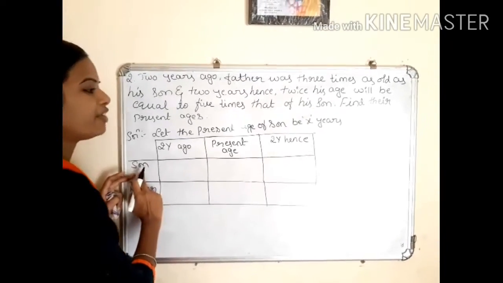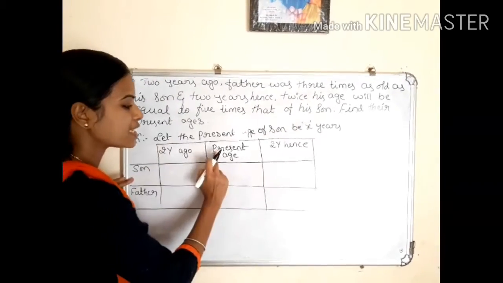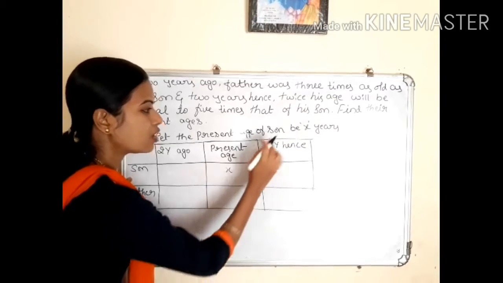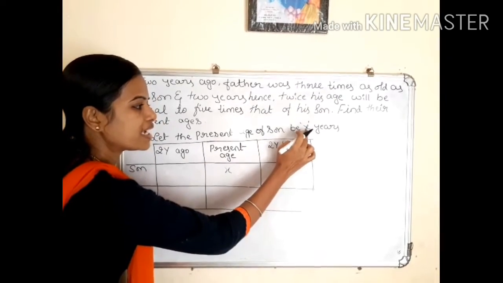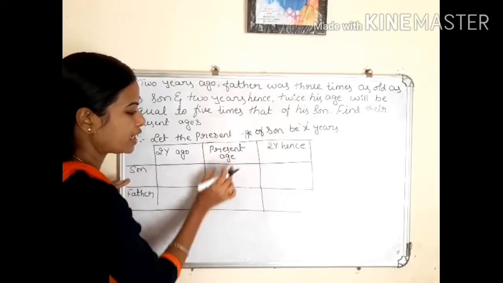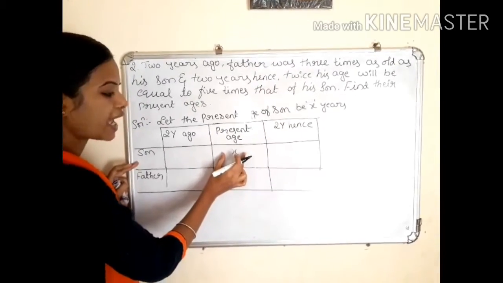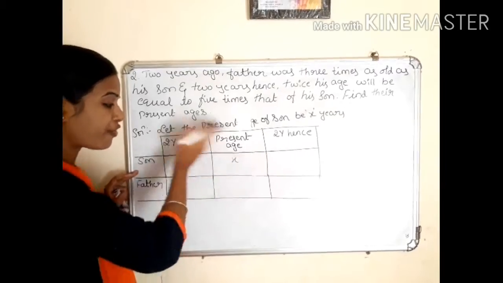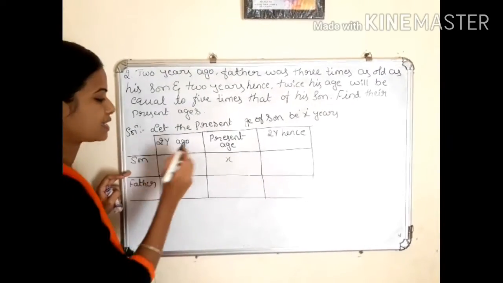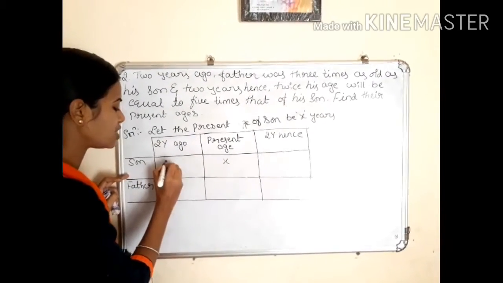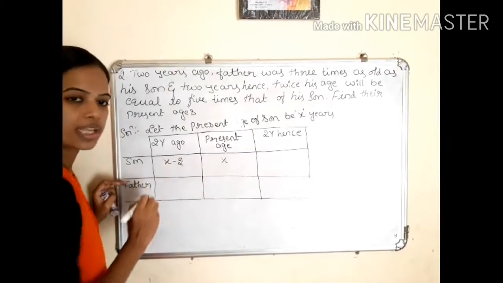Okay. We consider son's present age is x. Yes, no? We consider present son's age be x. Write down in the present age, in the son row, x. Can you write what is the age before 2 years? Yes, son's age 2 years before is x minus 2. Yes, no?